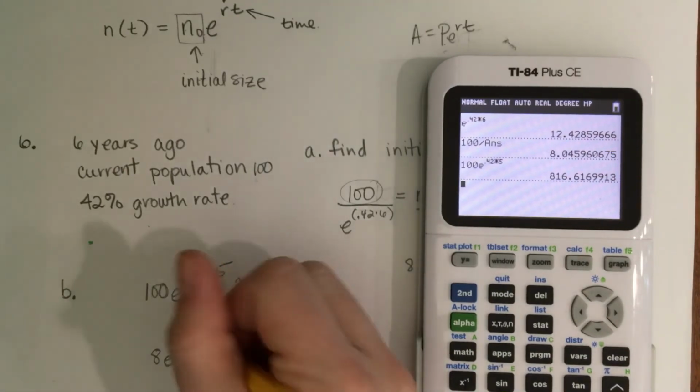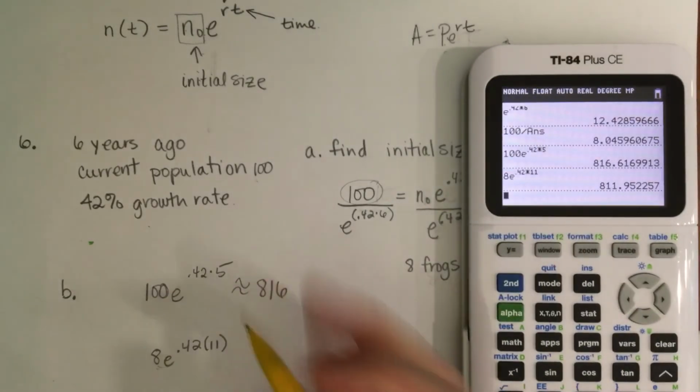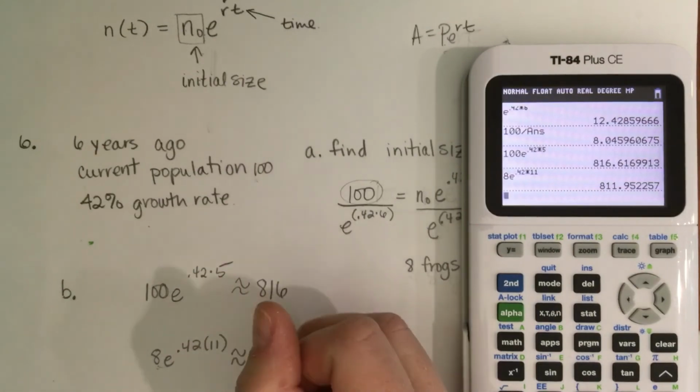So the amount of time that would pass then would be 11. Now, remember, there was some slight rounding that occurred with this 8. So it's to be expected that there's going to be a slight difference here. So we're going to have 8 times e to the 0.42 times 11.